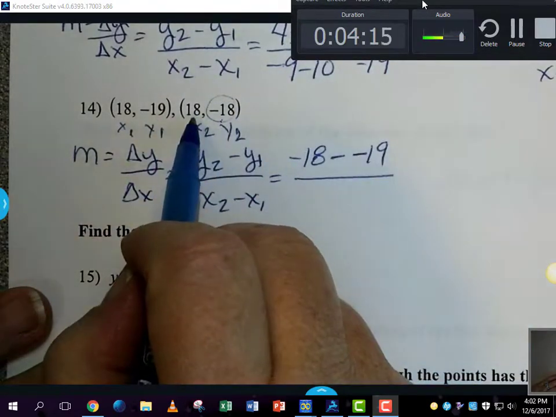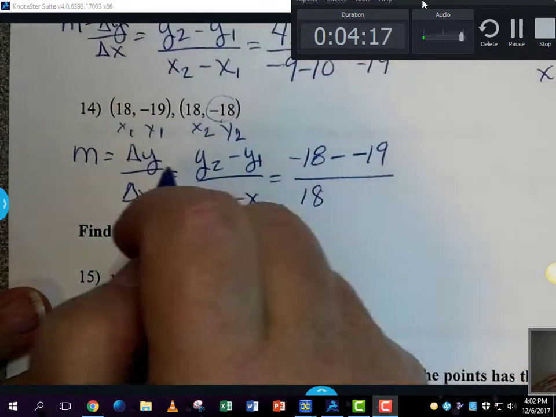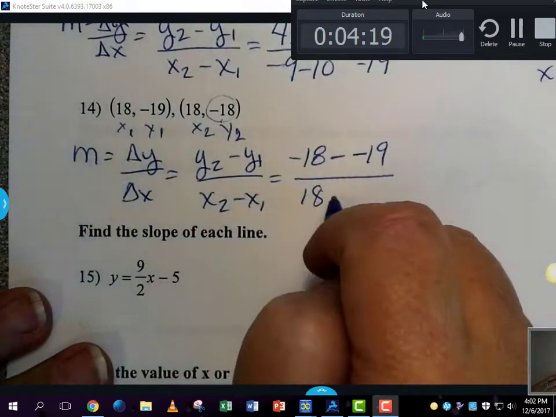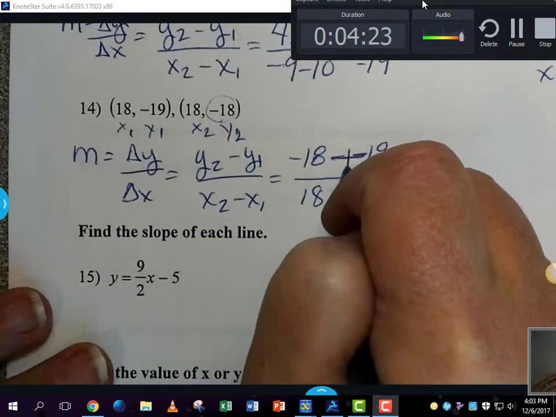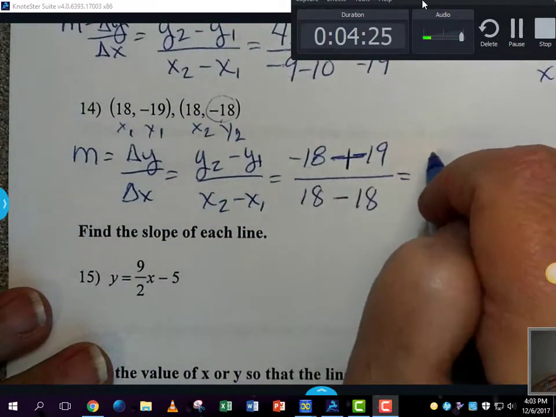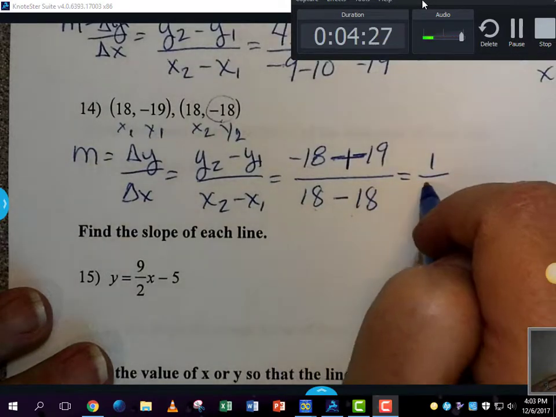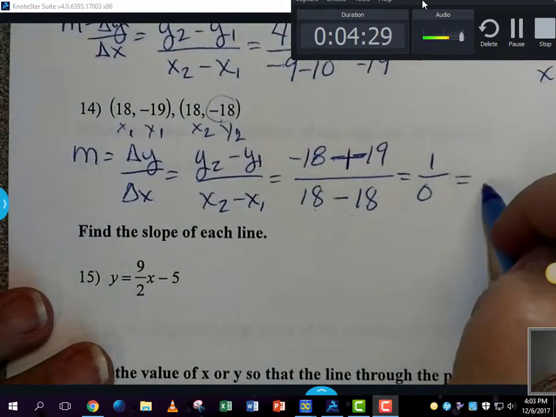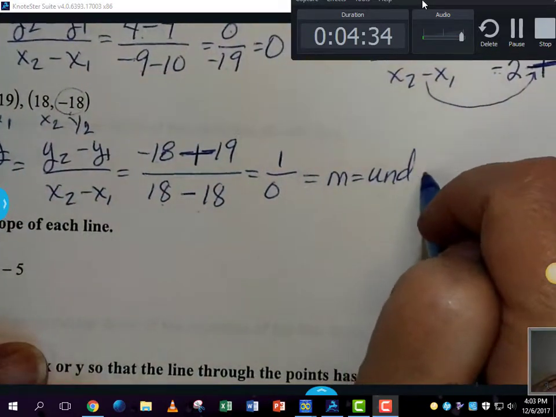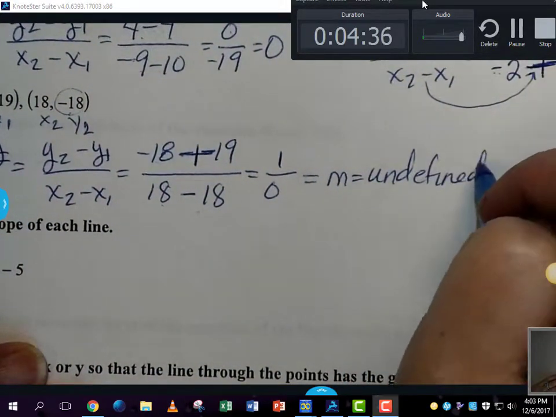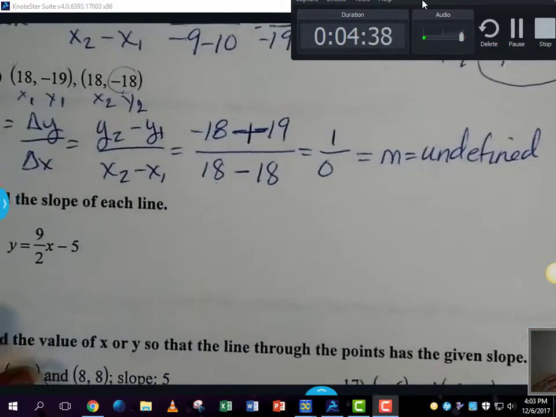Divided by x sub 2, which is 18, minus from the formula, 18. Okay, subtracting a negative is really adding. Negative 18 plus 19 is a positive 1. 18 minus 18 is 0. This slope is undefined because we cannot divide by 0.